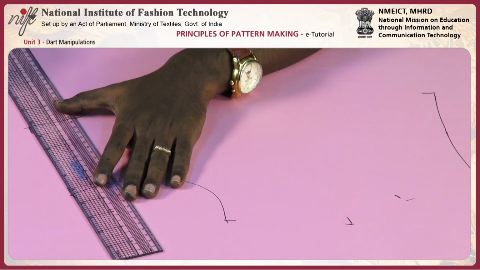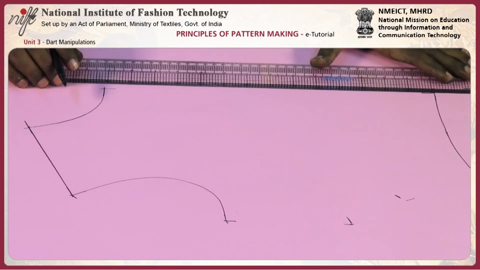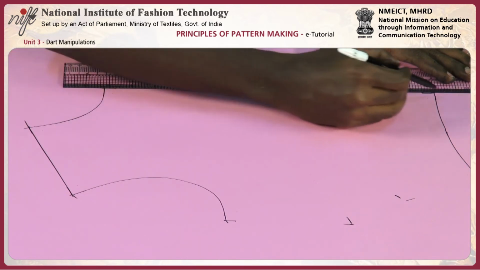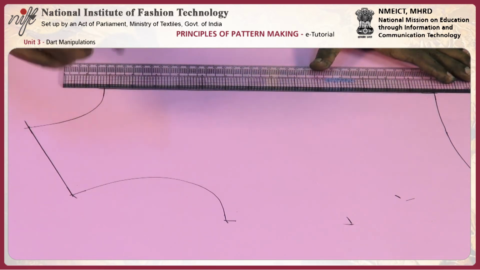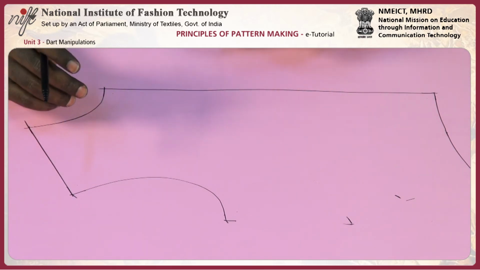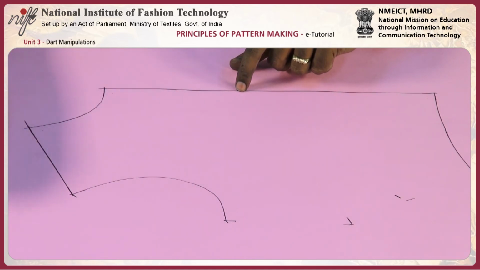Connect shoulder line, connect center front line. Since we have a dot here, don't draw the line now, you have to draw the dot.